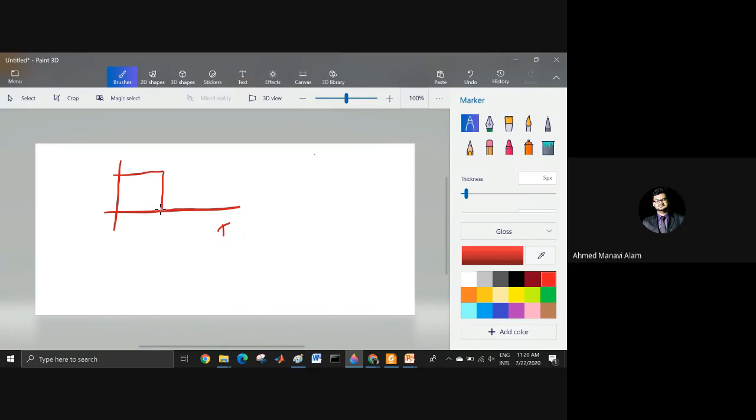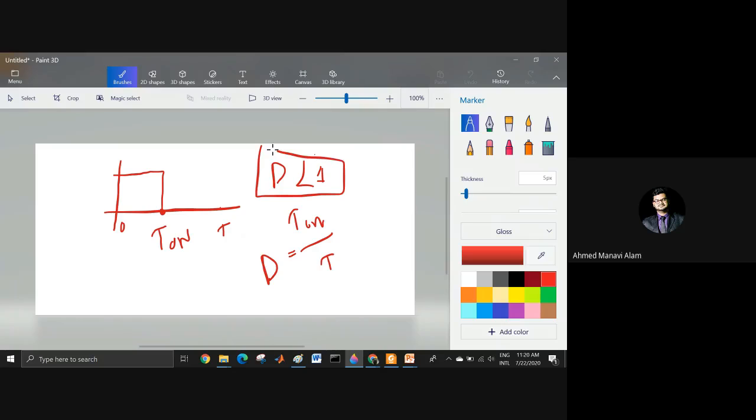The time the switch is on is termed T on, from 0 to T on, then the switch is off. The duty cycle is T on divided by T. So the duty cycle will always be a value less than 1.